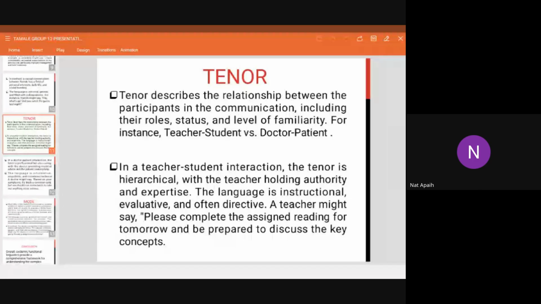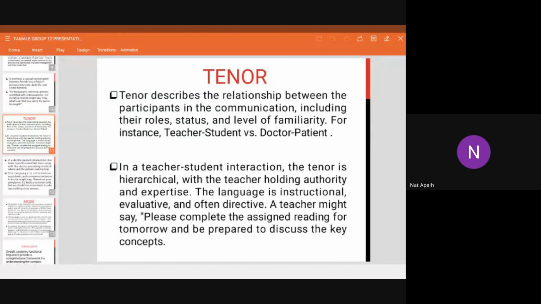What we do is we give instructions, we give evaluations, and then we give directions. A teacher might say, "Please complete the assigned reading for tomorrow and be prepared to discuss the key concepts." This is a typical example of teacher-student communication.